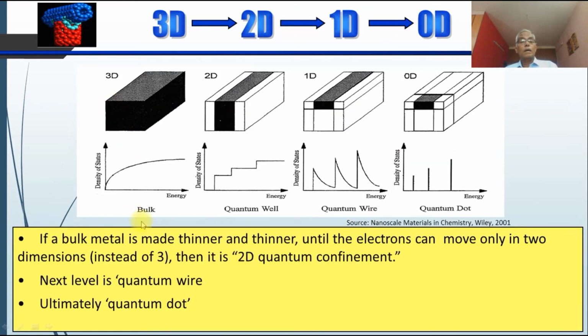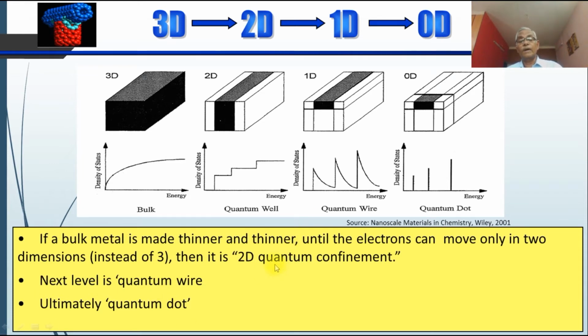So now if the bulk metal is made thinner and thinner, if we consider a three-dimensional material thinner and thinner, and we draw a graph between the energy and the density of states, then the electrons can move only in two dimensions instead of three. So we reduce from three dimensions to two dimensions. That means we consider a bulk or a lump, and keep thinning and reducing the size, so we can have something like a piece of writing paper.